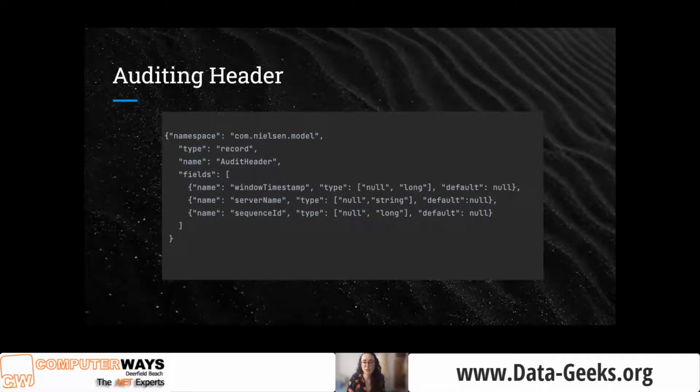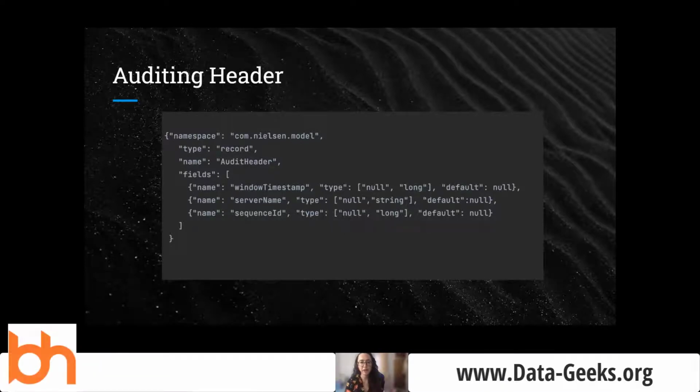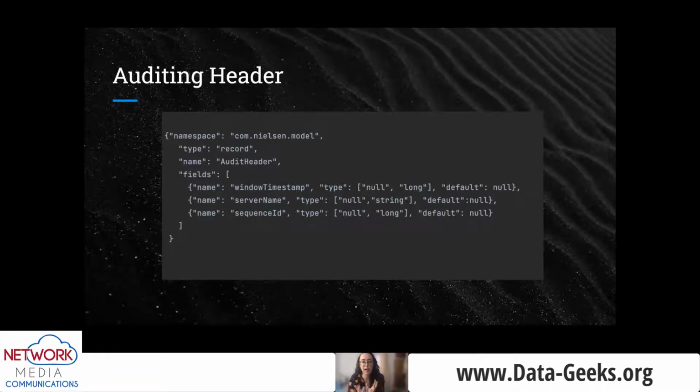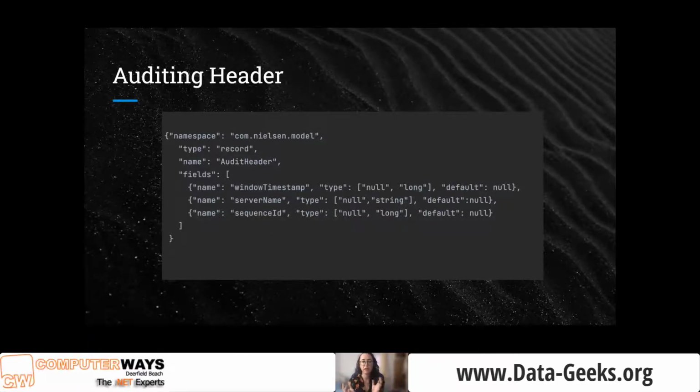We'll go into that in the add-ons. So let's just address the first 2. And the first 2 are very simple, right? The server name has a server name and the process ID together. And the window timestamp is, again, that time scope that we're referring to in our auditing window. So later on, when we see what our output data actually looks like, you'll see how this auditing header connects us with the auditing window.